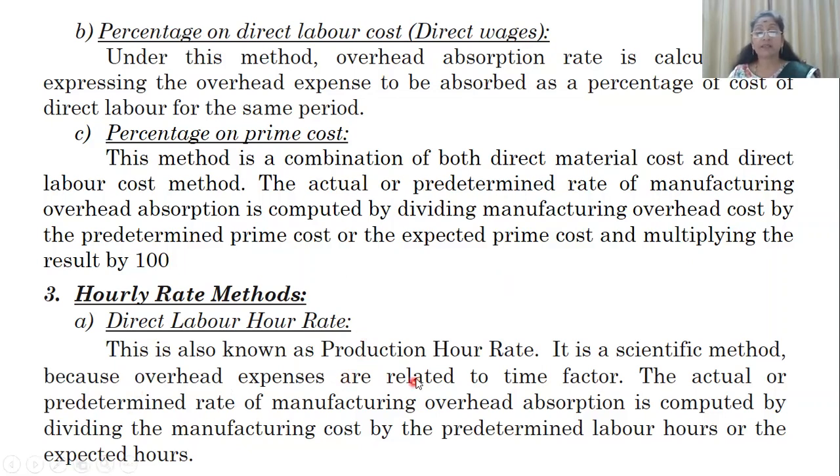The actual or predetermined rate of manufacturing overhead absorption is computed by dividing the manufacturing overhead by the predetermined labor hours or the expected hours. That is overheads divided by labor hours.